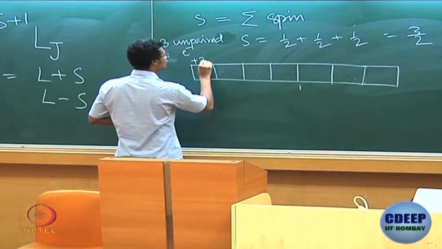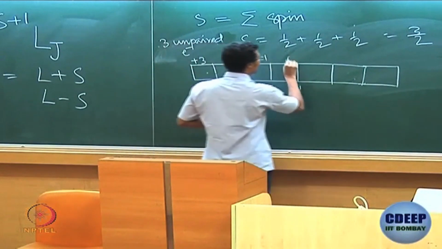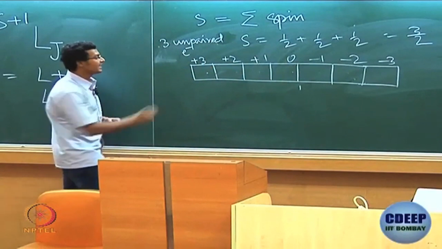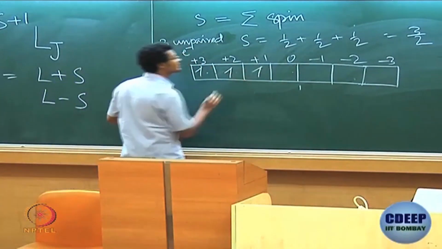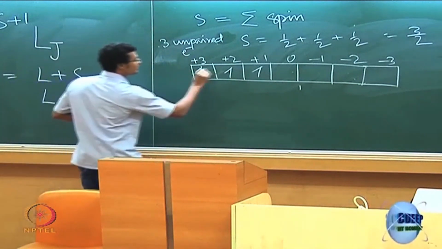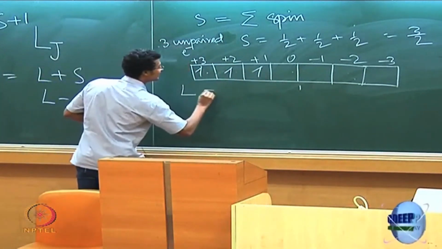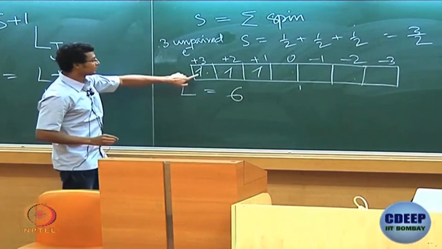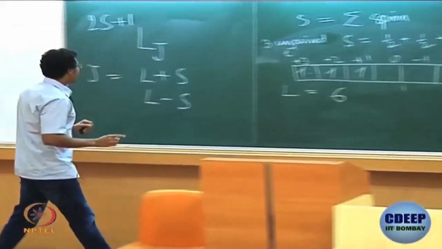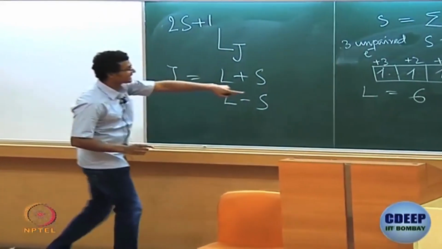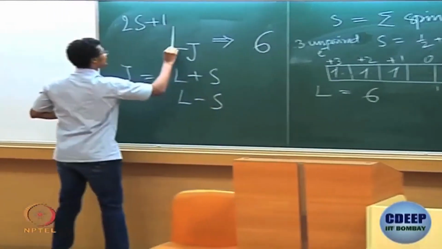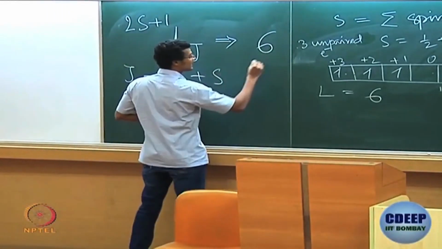So ml values are plus 3, plus 2, plus 1, 0, minus 1, minus 2, minus 3. 3 unpaired electrons simply means that. ml maximum, 3 plus 2 plus 1, so L equals 6.